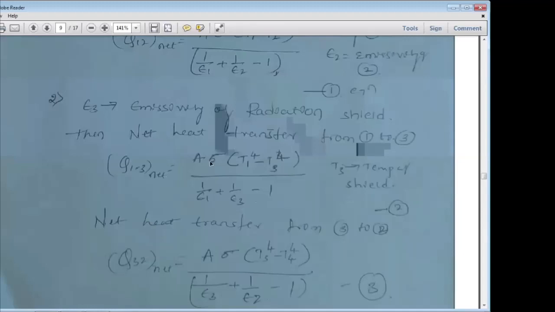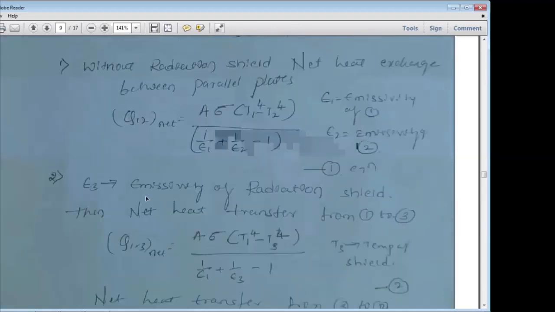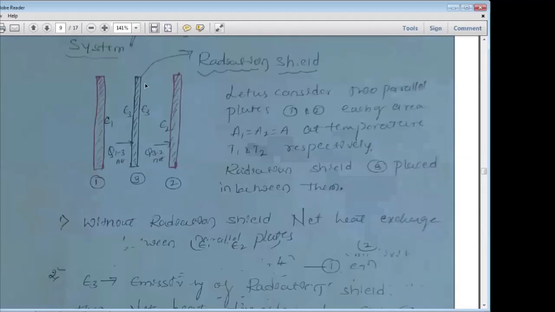So that is A into sigma, where sigma is the Stefan Boltzmann constant, and T3 is the temperature of the radiation shield.